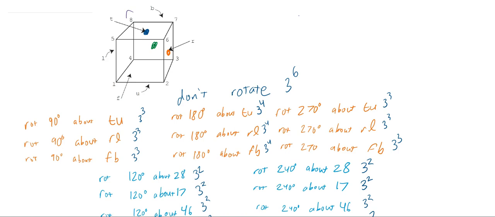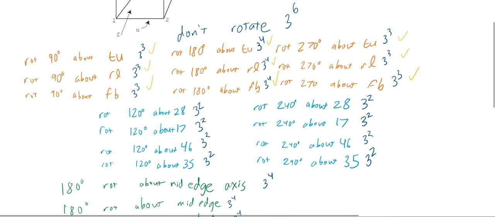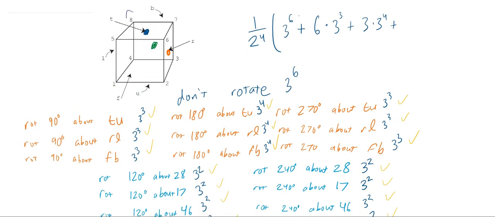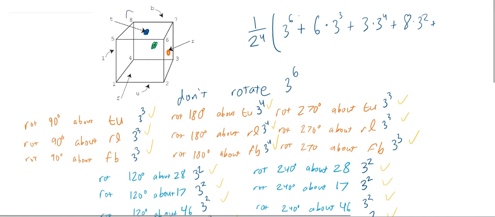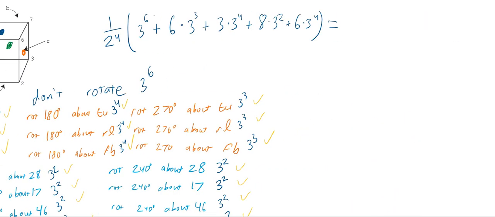There's 24 of them, so I'm going to do 1 over 24 times 3 to the 6, plus 6 3 to the 3's, plus 3 3 to the 4's, plus 8 3 squareds, and lastly 6 3 to the 4's. If I average those all together, I get 57.